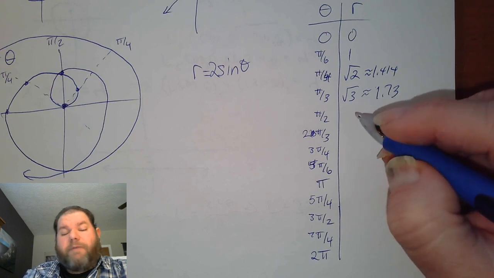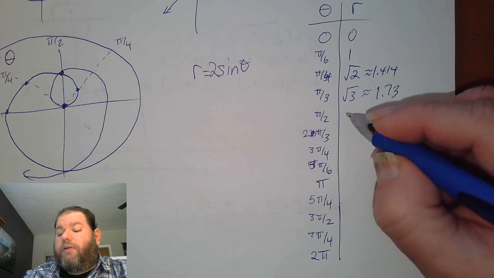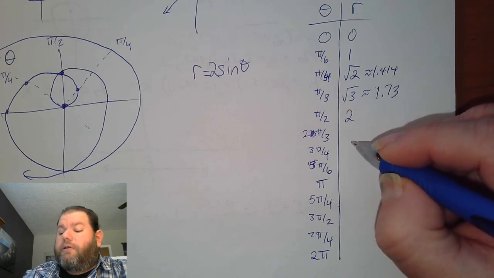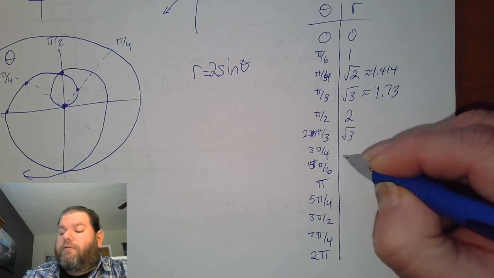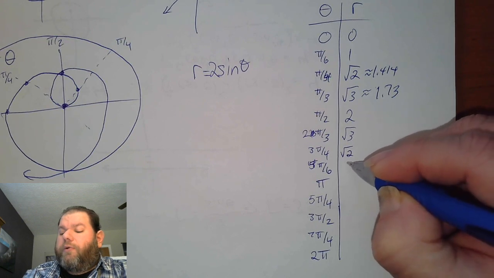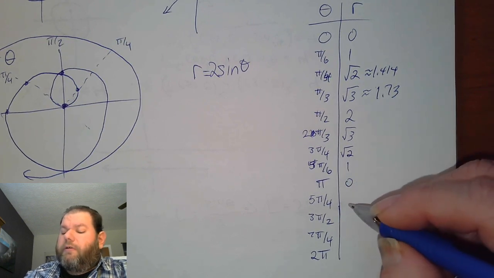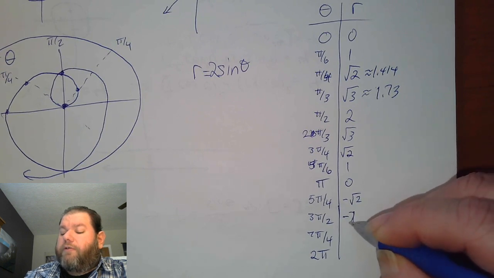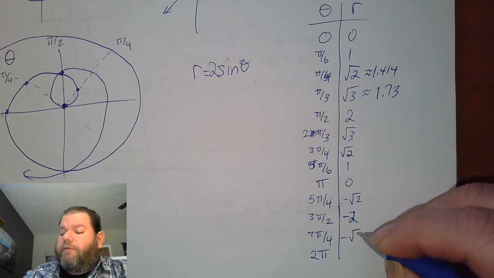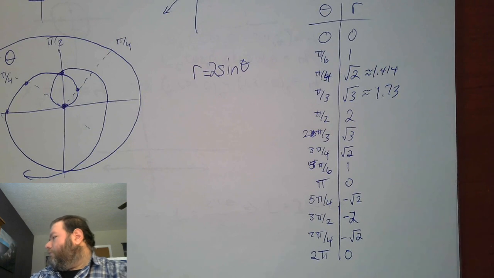Pi over 2, sine of pi over 2 is 1 times 2 makes 2. 2 pi over 3 is root 3, then root 2, 1, 0, negative root 2, negative 1, negative 2, negative root 2, back to 0.